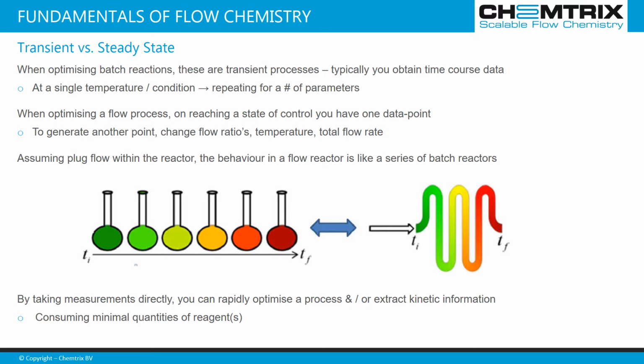This can, however, be a challenge because you're really quickly generating different samples, and this can give you a backlog if you're looking at offline analysis. So typically, the most efficient way to design and develop a flow process is to use process analytical tools so that you're able to be constantly monitoring the outlet of that flow reactor and minimise the amount of reagent you use to develop your process.